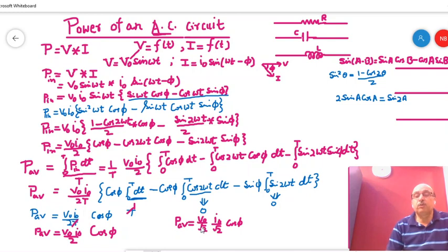V naught by root 2 is Vrms, that is effective voltage or the real or the virtual voltage, and I naught by root 2 is Irms or I effective.